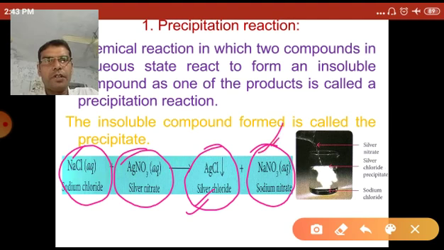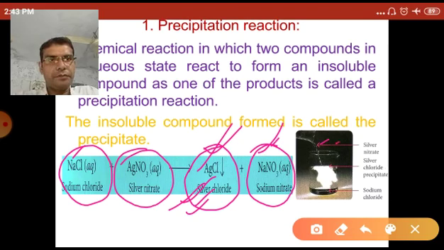Sodium nitrate is soluble in water, but silver chloride is insoluble in water and has a white color, so that is called the precipitate. So in this reaction an insoluble substance is formed, a precipitate is formed.